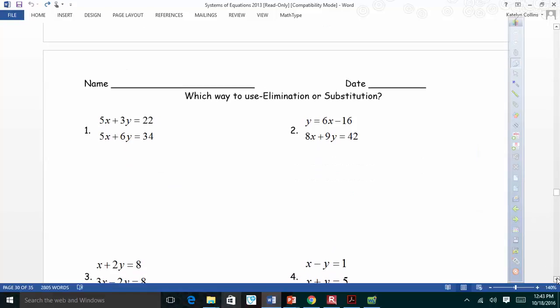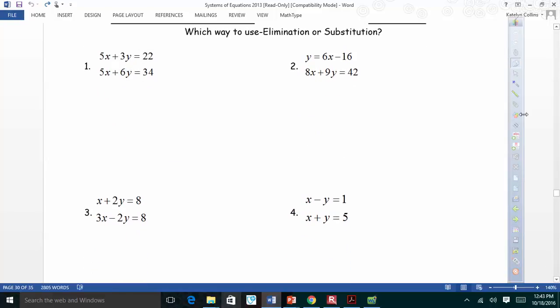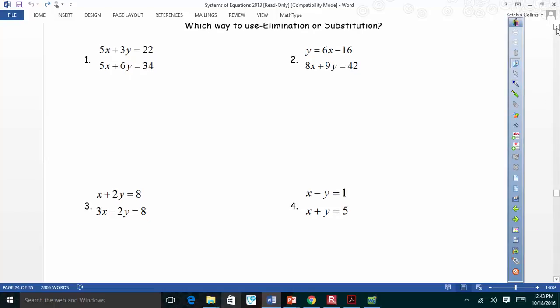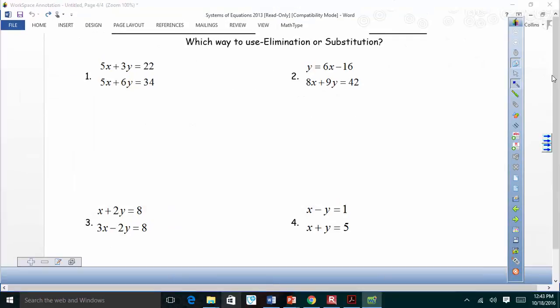Here we go. Okay, looking at number 1, we may not go through and solve all of these, but I do want to talk about which way we would solve them.